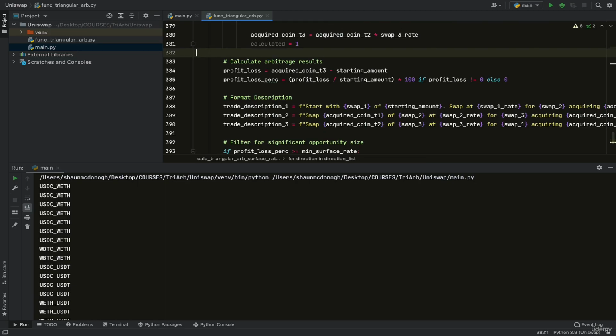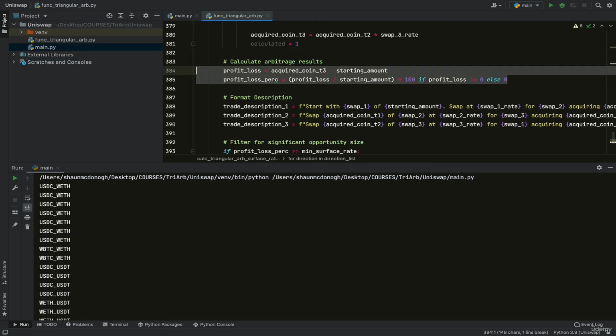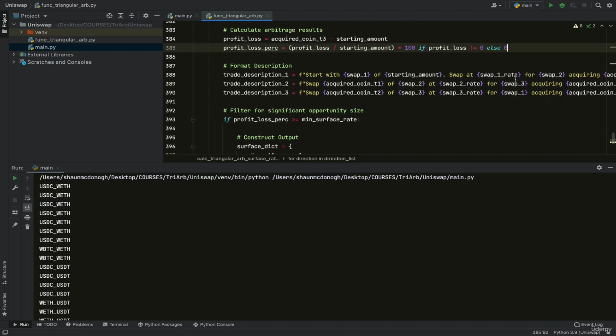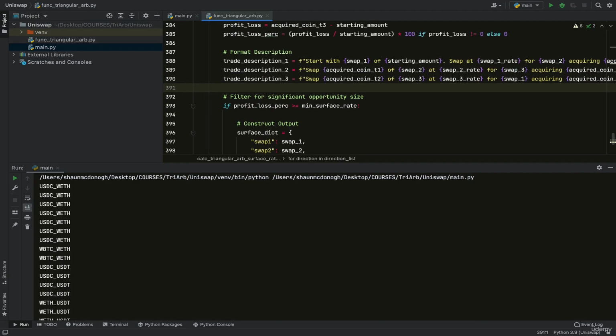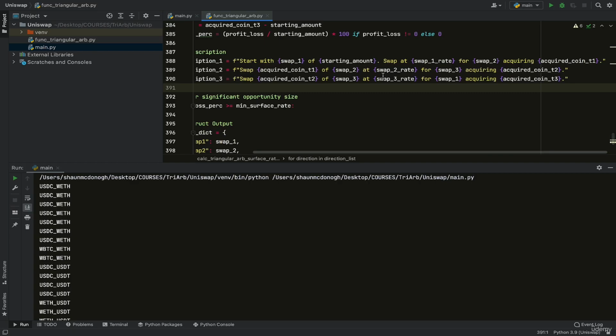And then once we get to the end of that, we have the arbitrage calculation. So are we in profit or loss? Same as before, we only calculate the percentage if the profit and loss is not 0, because we can't divide by 0. Otherwise, we put 0. And here's the same format description we had before, so we have a description that explains to us in plain English what's actually happening.